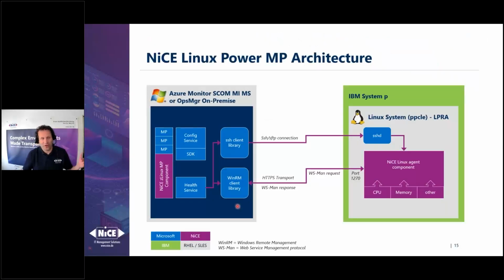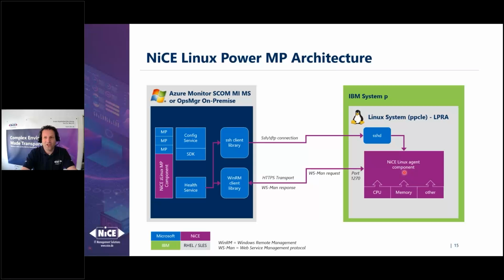Now we go from AIX to Linux on Power. We call this the Linux Power Management Pack. Again, it has the agent component here on the right side. On the left side is the NiCE Linux MP. That isn't 100% correct, it should be Linux and not zLinux, but zLinux is the other one, which runs on the mainframe. Then it is the same architecture.